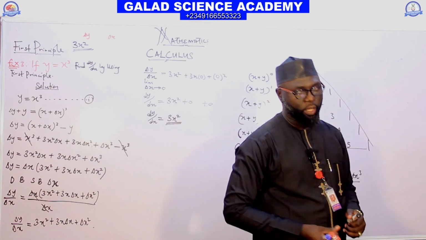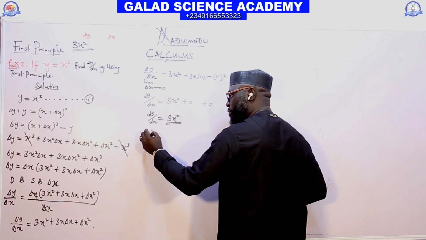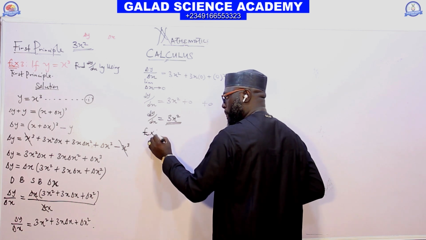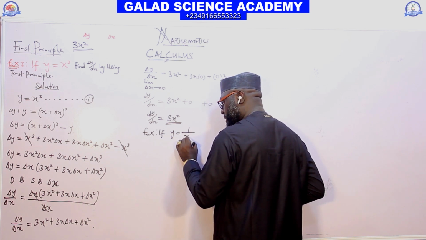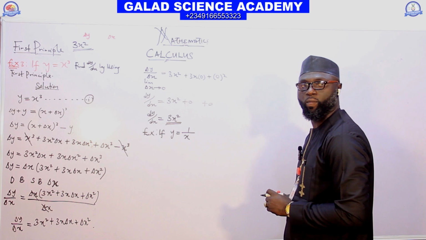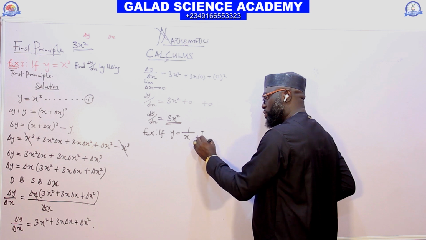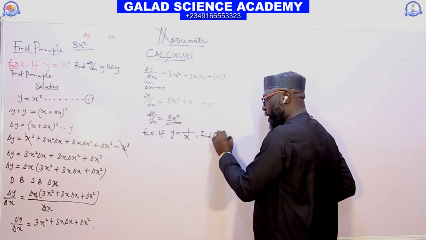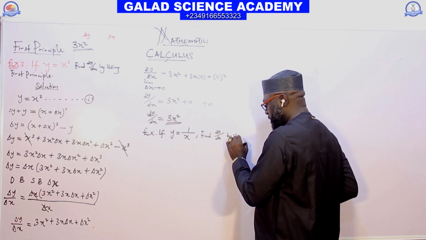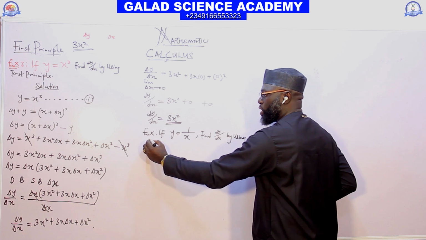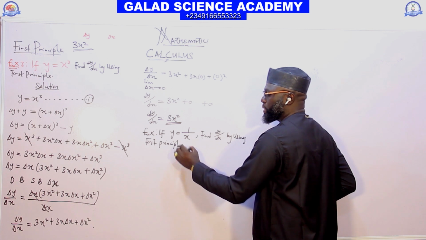Let us look at a fraction. So, example 4. If y is equal to 1 over x, find dy/dx by using first principle.